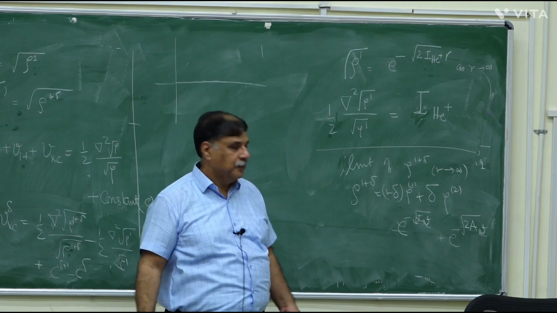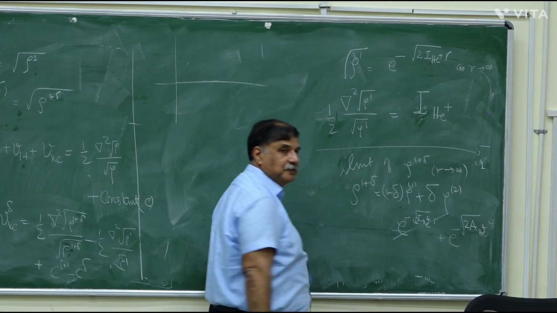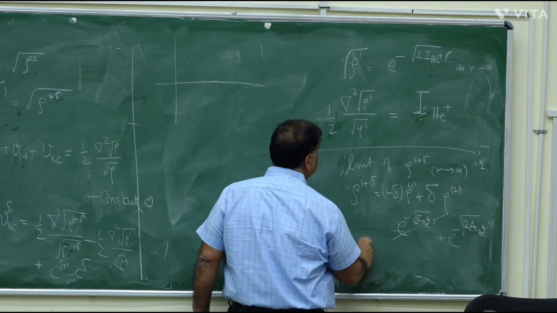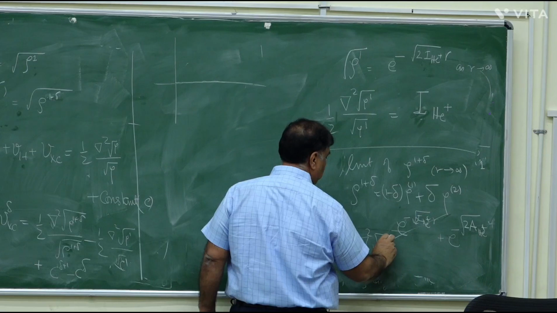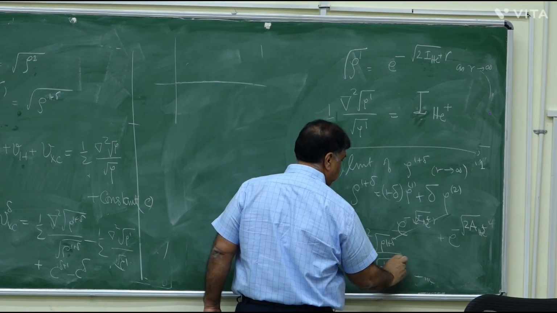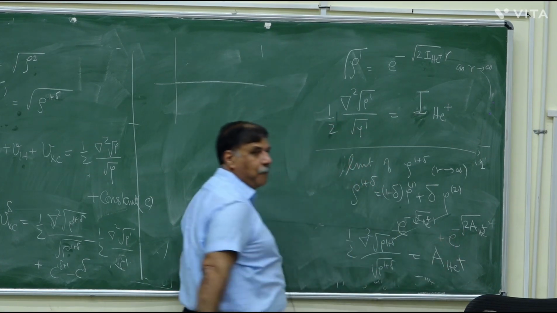Affinity is always smaller, so as R tends to infinity, only this term survives. And therefore, 1/2 del square root of rho 1 plus delta over square root of rho 1 plus delta is equal to A helium plus.